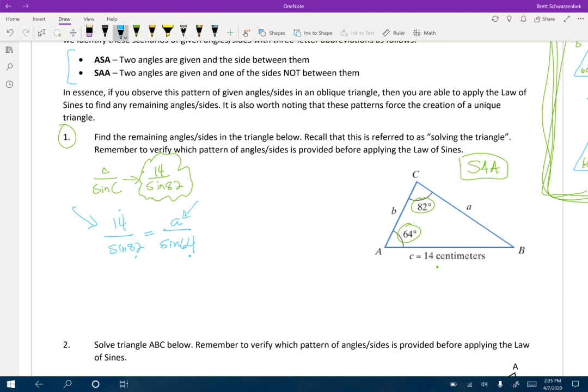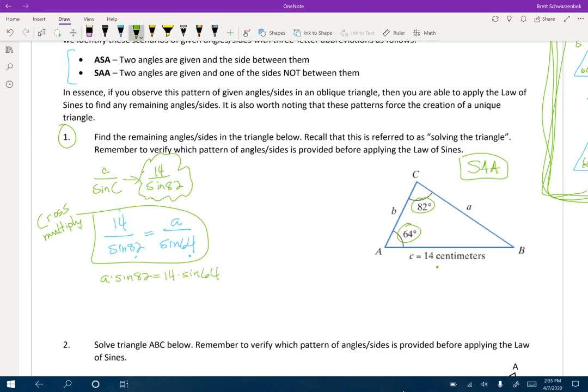So how do we do that? Well, how do you solve a proportion, which is what this is called? How do we solve that? We cross multiply. Okay, so if we cross multiply, we're going to get a times the sine of 82 is equal to 14 times the sine of 64.